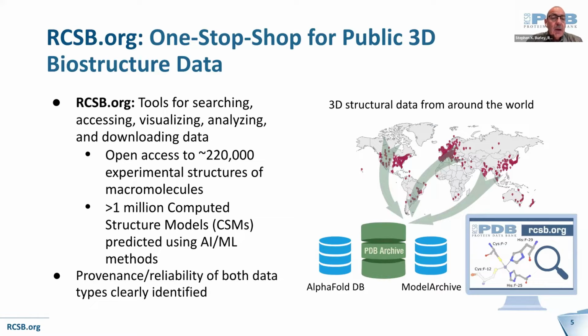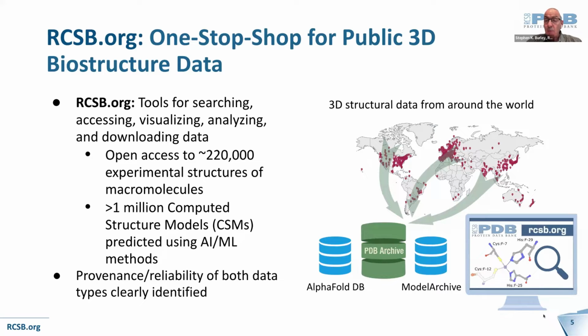The Protein Data Bank currently supports open access to more than 220,000 experimentally determined structures of biological macromolecules. And on rcsb.org, alongside those 220,000 plus experimental structures, we provide access to more than 1 million computed structure models that have been predicted using AI and machine learning methods. The provenance and reliability of both structured data types are clearly identified on our website.